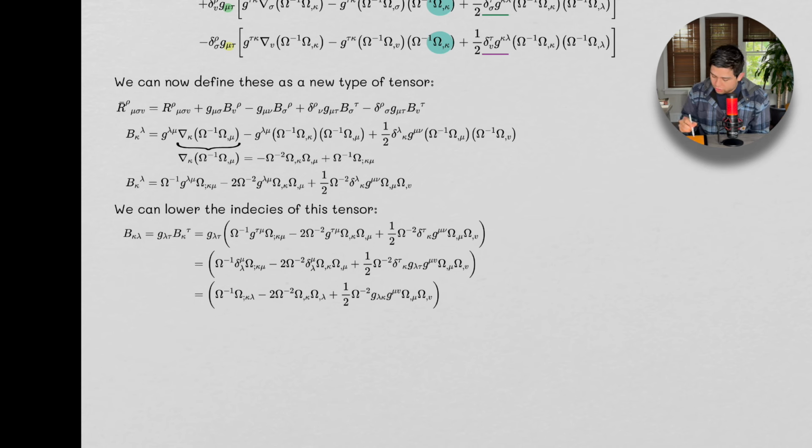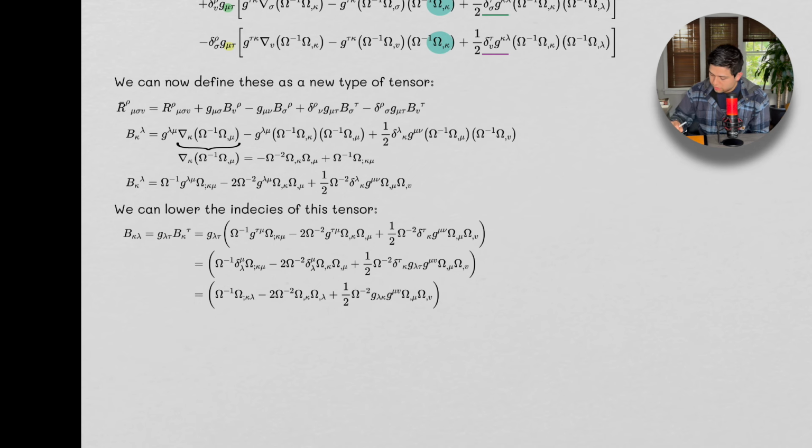So we have these new tensors, this B kappa lambda tensor, which looks like this. We can see here that we have a -2 inverse of the conformal transformation, and then we have this term right here as well.